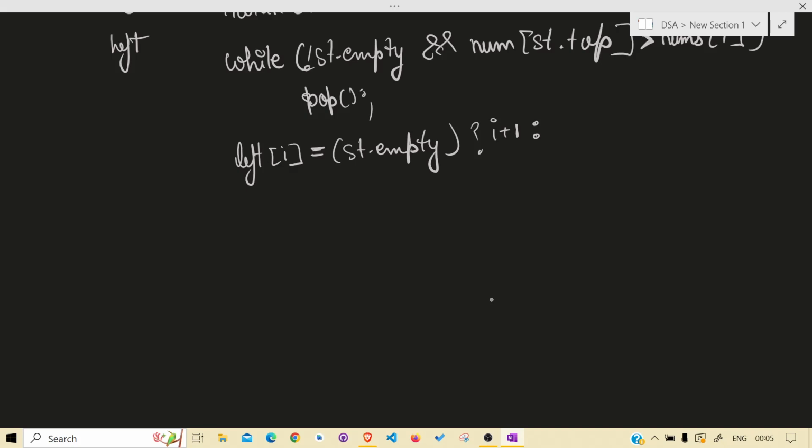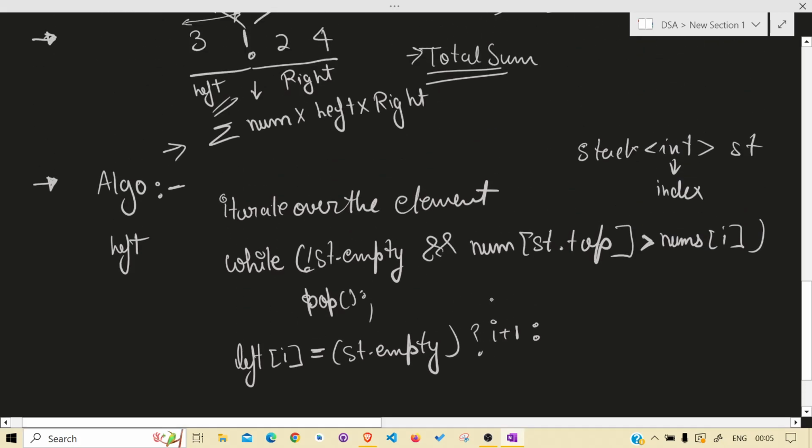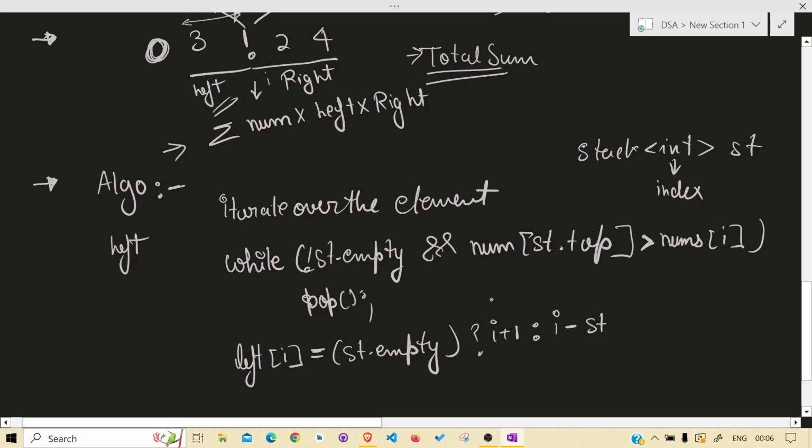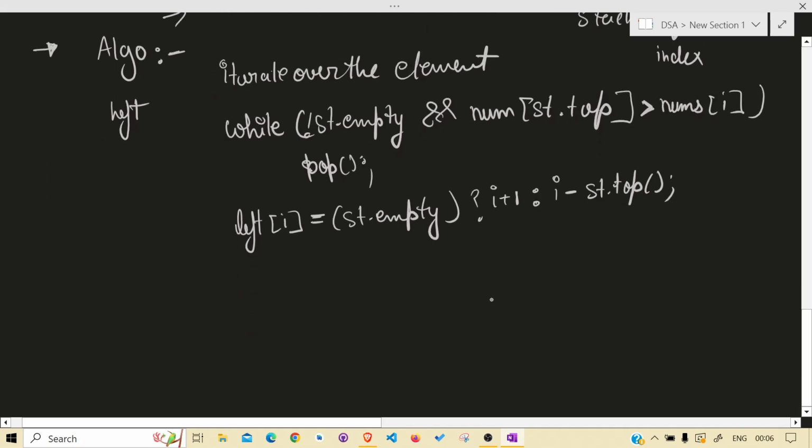And if it is not empty, someone is there, then it should be i minus st.top, very basic, and st.push the current. This way we calculate left.